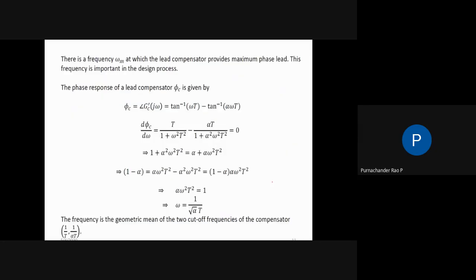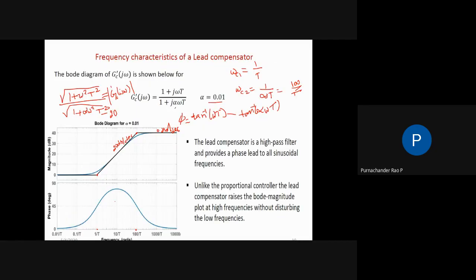Now I want to find out what is the maximum phase angle for the system here. When the maximum peak overshoot takes place, and so your gain margin is varying, and where the gain margin is zero, what is the phase angle of the system? Then what is the phase margin and gain margin for the given system? It can be obtained.